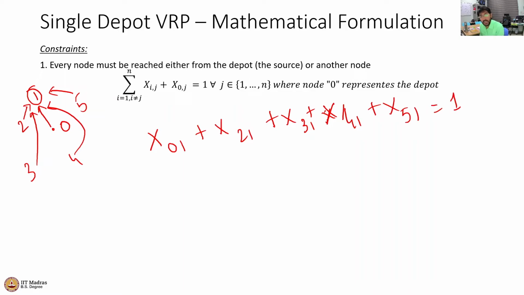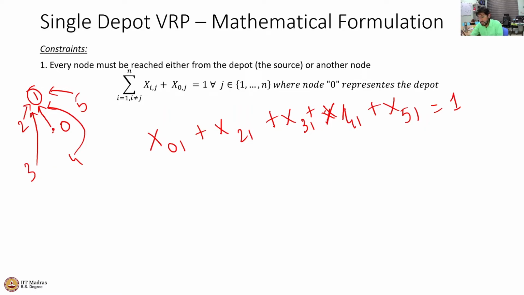And all of these are binary variables. They can either take a value of 1 or a value of 0, right? So if one of them takes a value of 1, everything else will be assigned 0. So the constraint is met that when we are reaching a node, we arrive either from another node or from the depot. So the vehicle will always start from the depot or from some other node.